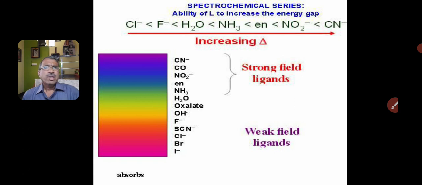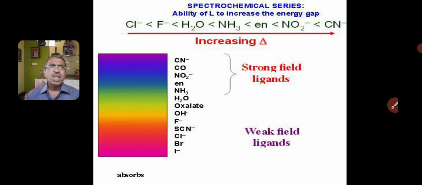This is called a spectrochemical series. We have strong field ligands and we have weak field ligands. The examples of strong field ligands are cyanide, carbon monoxide, the nitro group, ethylenediamine, ammonia. Water, oxalate, fluoride, chloride, bromide are examples of the weak field ligands.